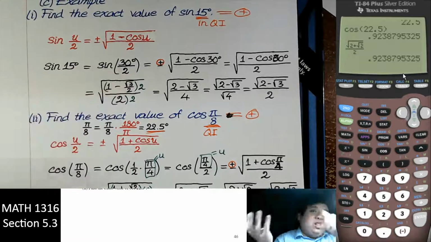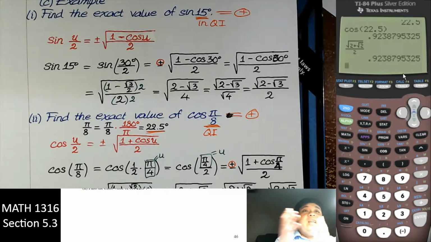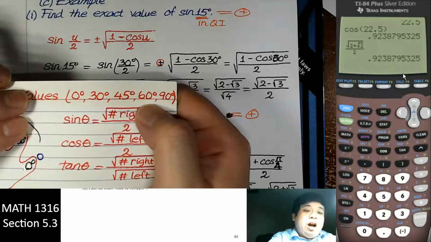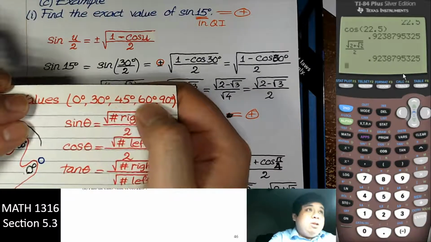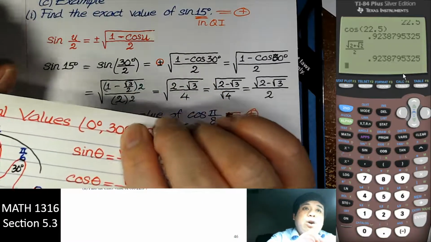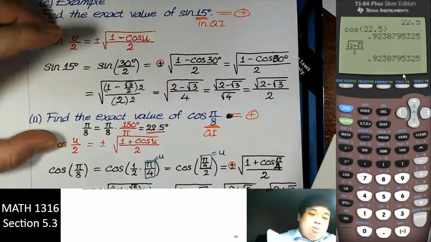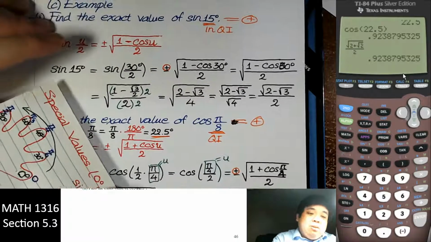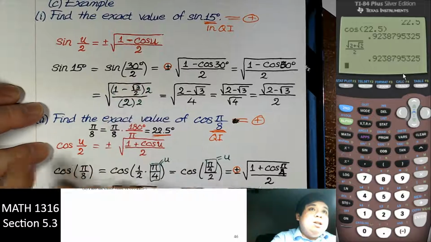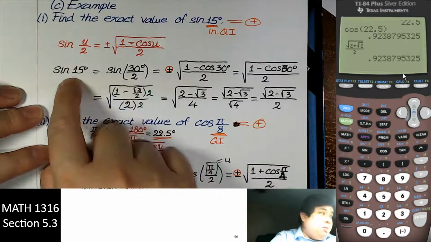I'm not going to ask you the sine of 30 degrees, even though 30 is half of 60 degrees, because we know the values 0, 30, 45, 60, and 90. We don't know half of those. Like 15 degrees, half of 30, we don't know that. So that's why we have to do this by hand. And we write the sine of 15 degrees as half of 30 degrees, because 30 degrees divided by 2 is 15.